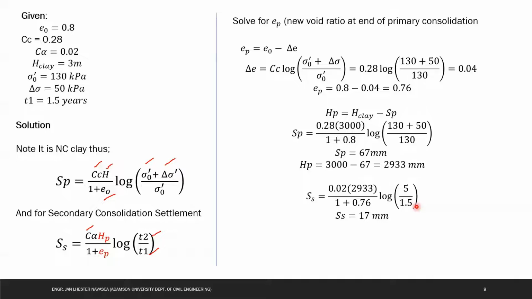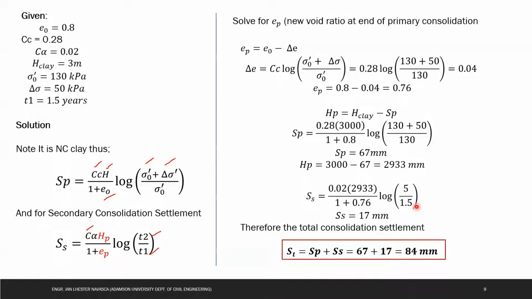Therefore, the total consolidation settlement is simply the primary plus the secondary consolidation settlement. So 67 plus 17 is 84 millimeters total consolidation settlement. That is your solution for problem 3.